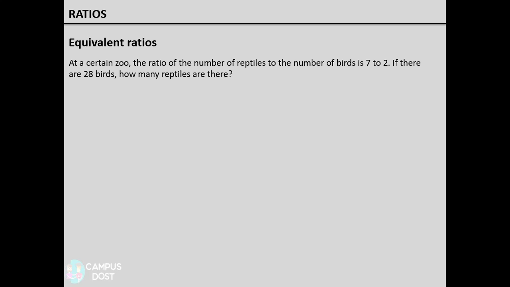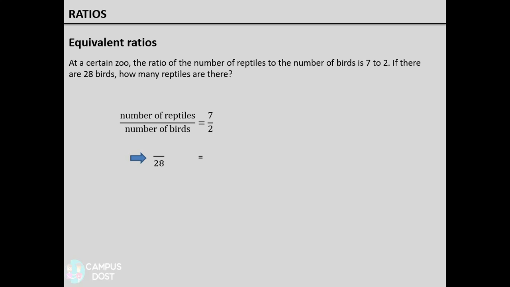Now, the question tells us the ratio of the number of reptiles to the number of birds is 7 to 2. So, we can write this as the number of reptiles to the number of birds is equal to 7 to 2. The question also tells us that there are 28 birds, so we can replace the number of birds here with 28.